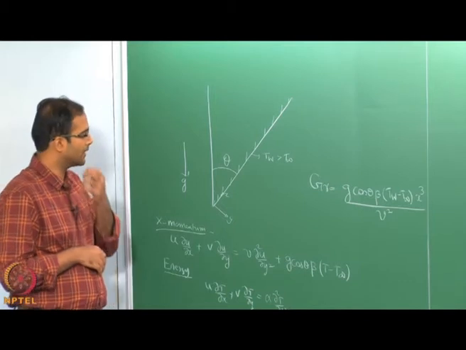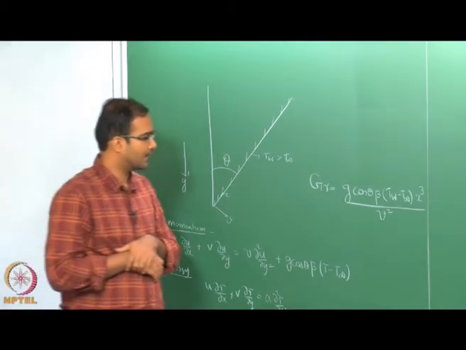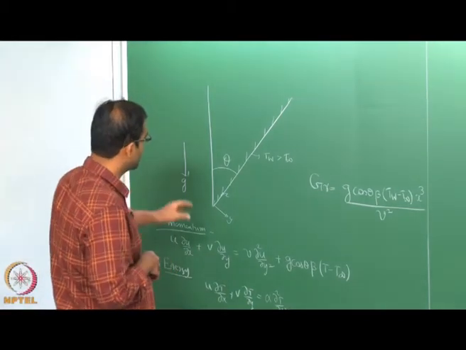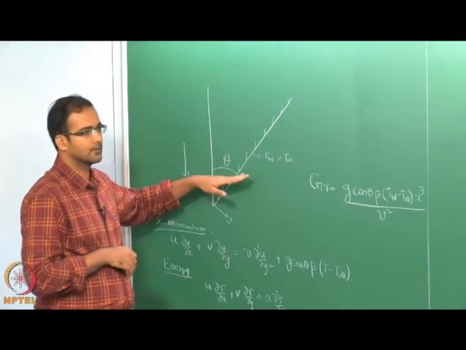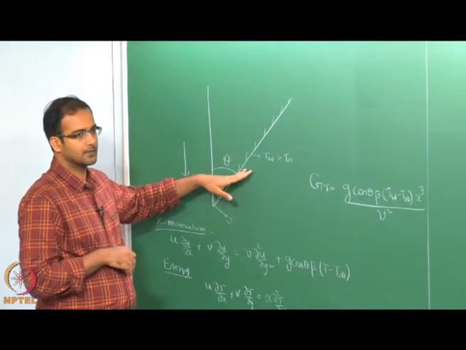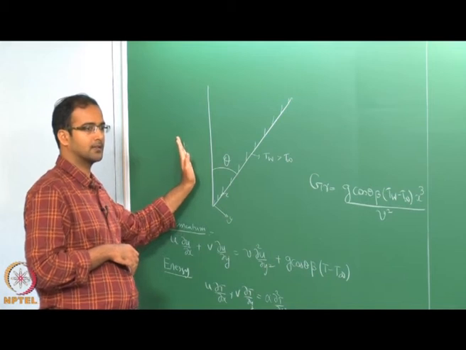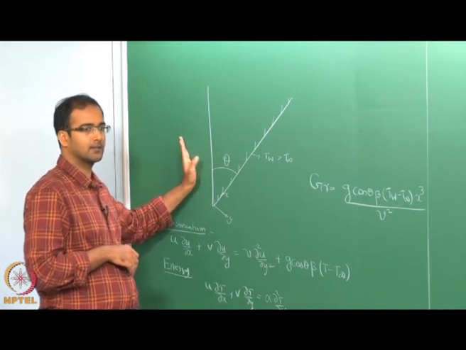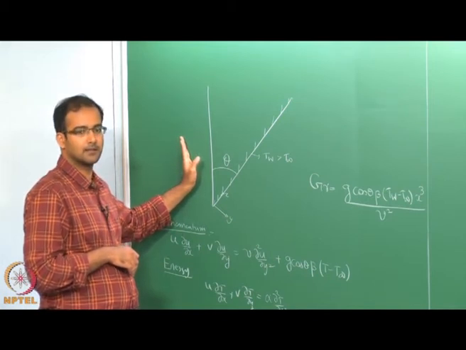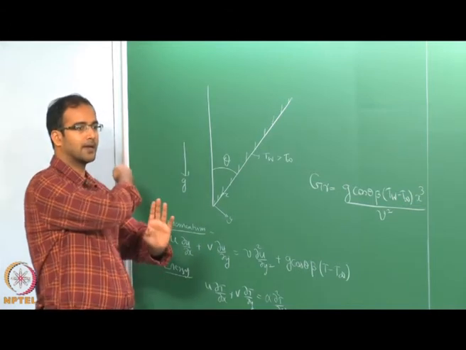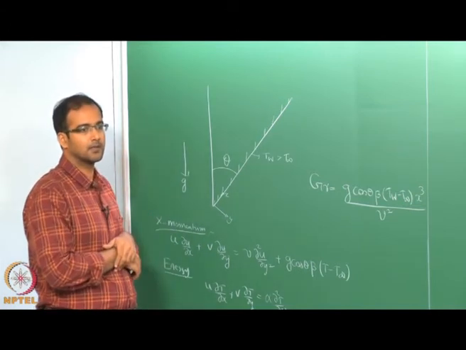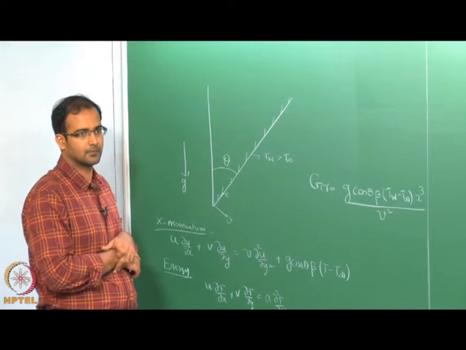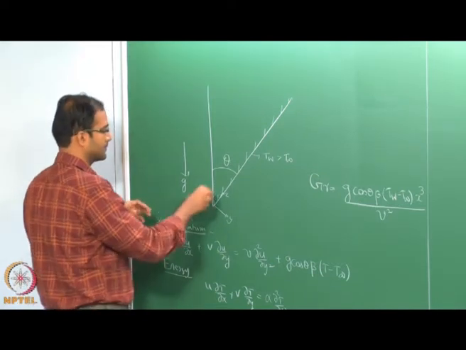But now we have to be careful that if you have a limiting case where you tilt it facing upward, that is your theta in the minus direction, and you make it minus pi by 2. Okay. So, what happens?